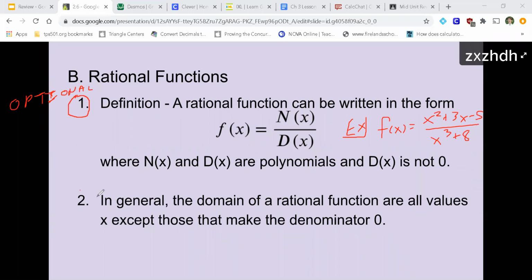All right, this is the first rule that you need, but again, you might already have this in your notes. If you want to find the domain of a rational function, you need to find the values of x that make the denominator 0. Take those out of the domain, whatever's left is good.